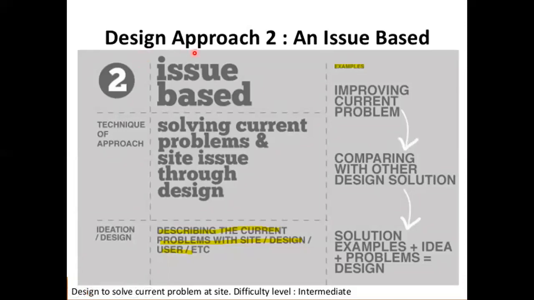So let's move towards design approach number 2, an issue-based design approach. It requires solving any currently faced problem. It could be an issue of a site, it could be an issue of the neighborhood, addressed by the help of your design. And then describe that problem with the site, design or user.